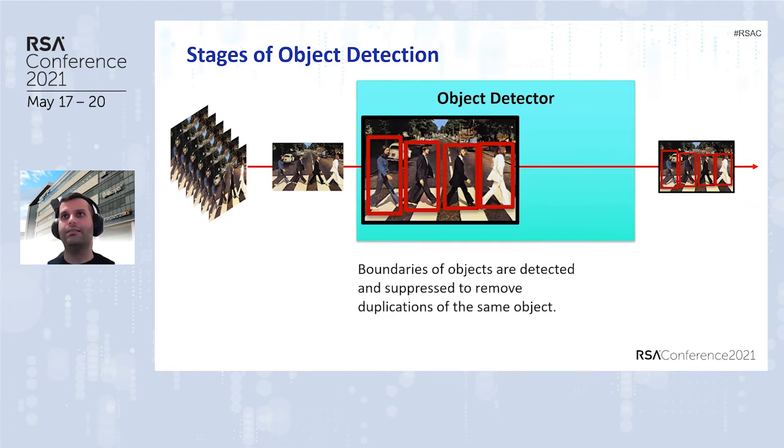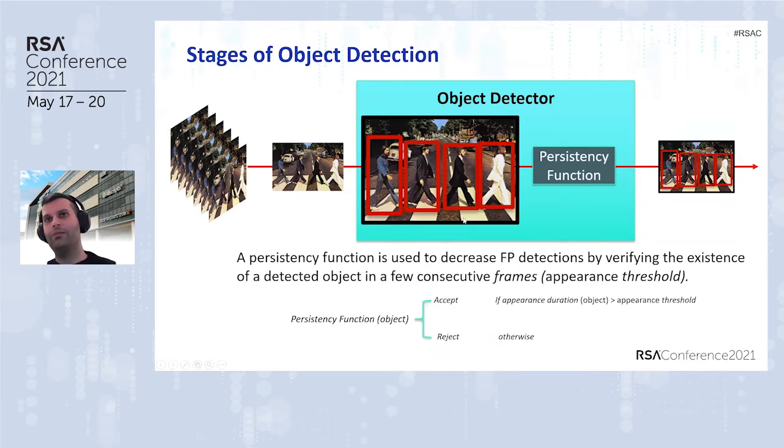There are some other interesting architectures that are used to detect objects inside a frame. There is also an algorithm which is used to suppress or remove the duplications of the same object, which follows the object detector. However, these two components are well known to most people.